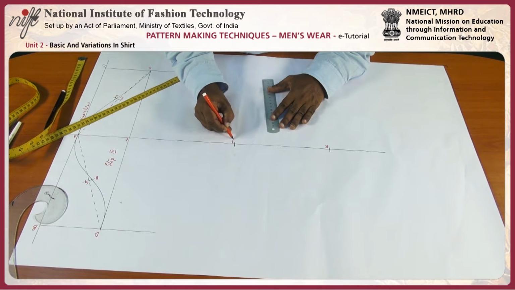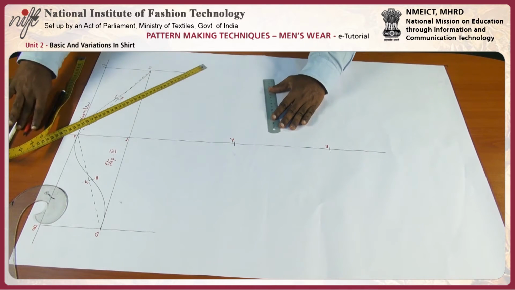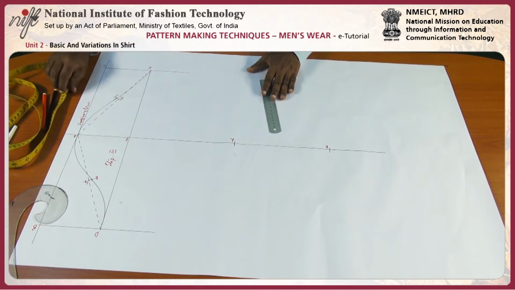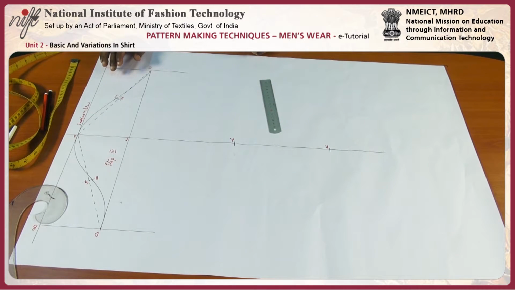Point L. Draw perpendicular lines from the points L and K on both the sides of L and K as shown in the diagram.